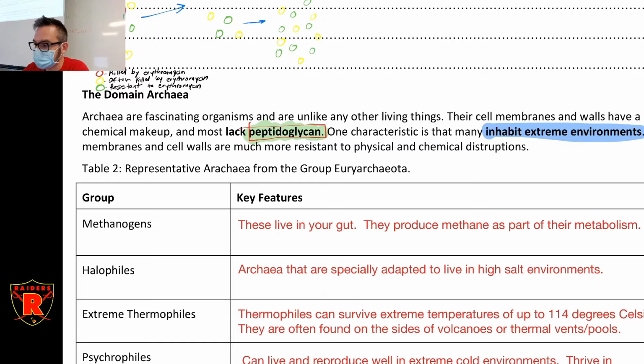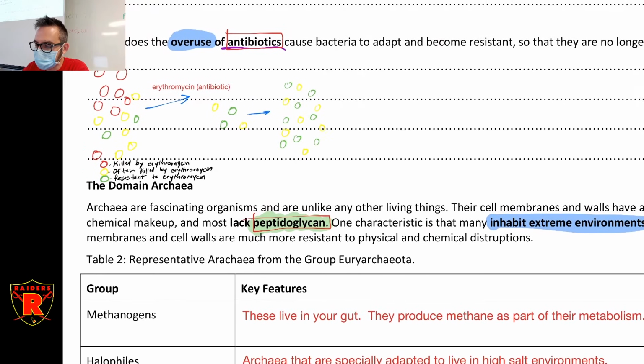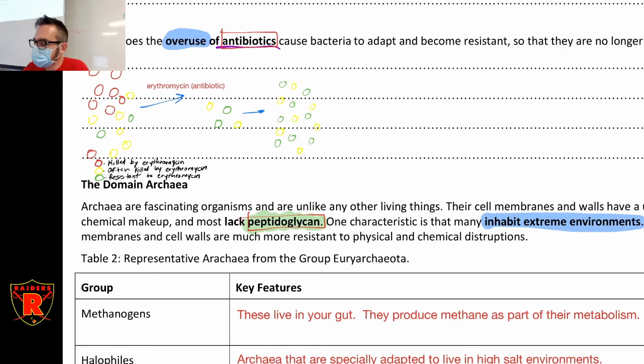They have some interesting genes that we have. So some examples of the classes of Archaea: Methanogens. They live in your gut. They're making gas in there right now. These are also common bog bacteria that are decomposers, and they produce methane in swamps and things like that.